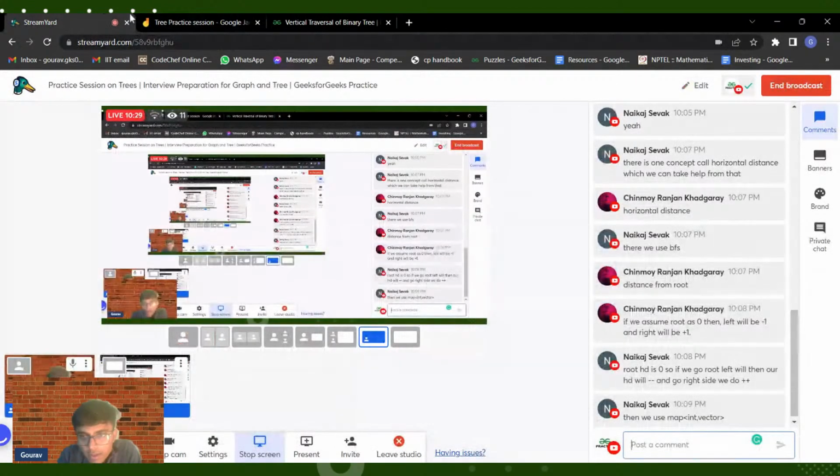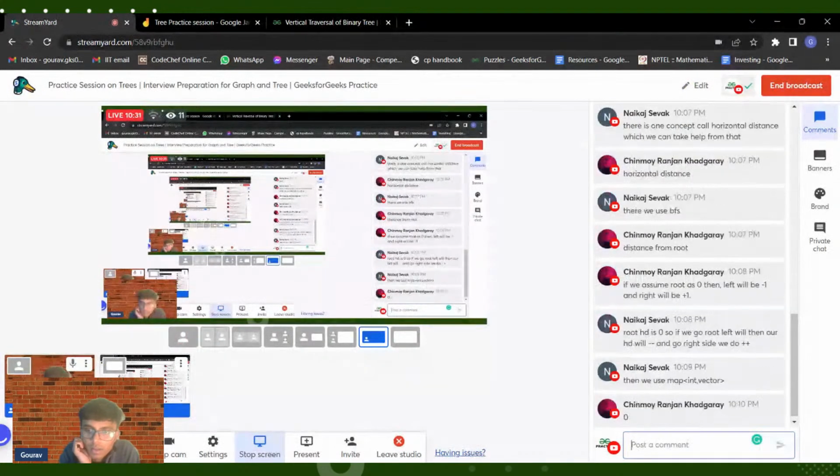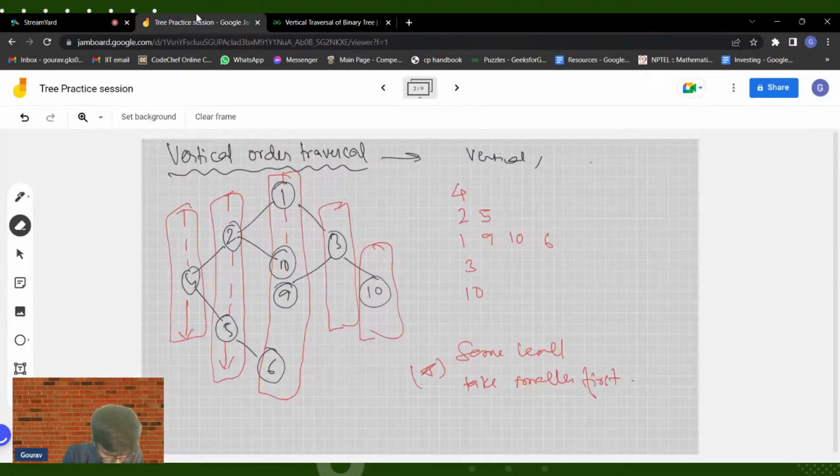Naika is saying that we will use a map of int and vector. What will you store in the first int, and what will you store in the vector? Can you tell? Naika is saying that you will use an unordered map of int, vector of int. Are you sure you will use an unordered map?